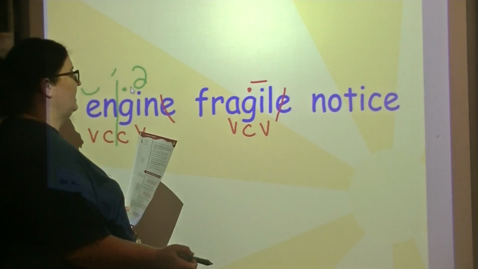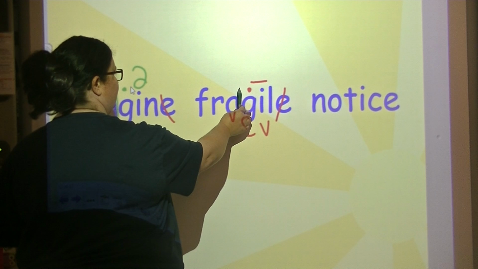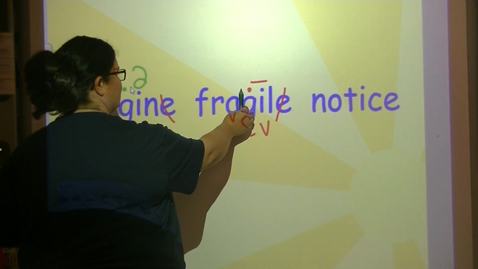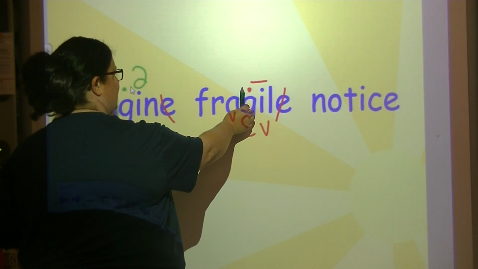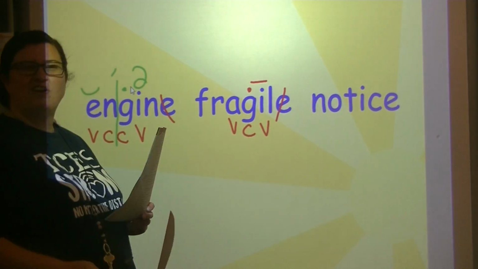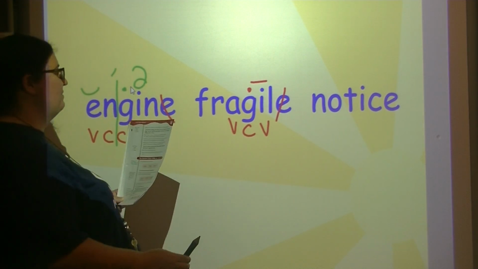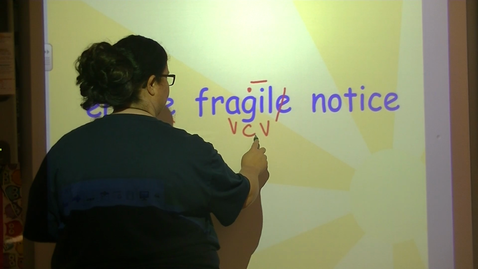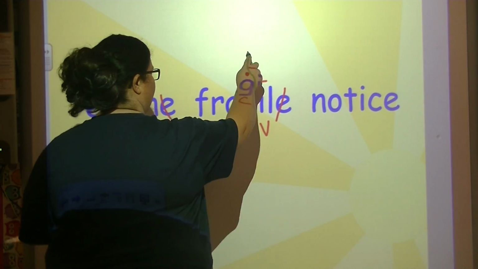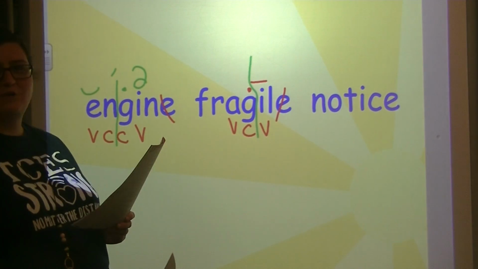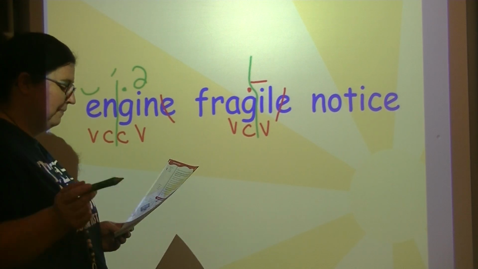Now we could divide here, but that would make a long A sound. Fragile. You've heard of fragile? No, so we know it can't be there, so let's divide it here. Okay? We know that's the wrong sound for that A.